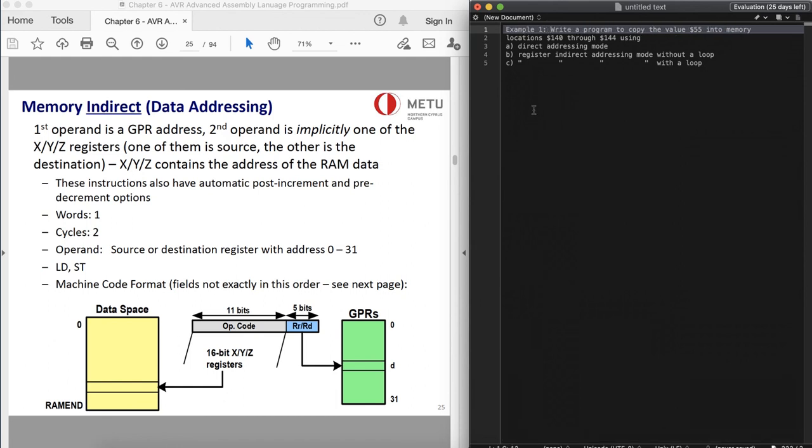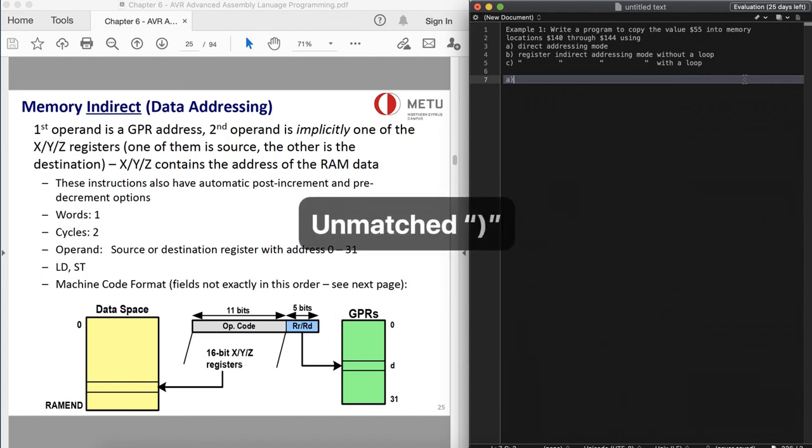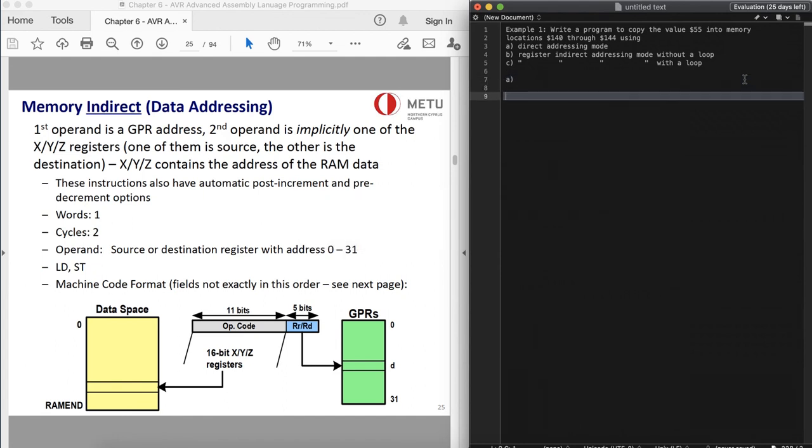Okay, so if we start with A, it says use direct addressing mode and copy the value of hex 55 into memory locations 140 through 144. What do we need to do? First, as we are going to use direct addressing mode, we have two instructions, LDS and STS. If we want to copy or store something from a GPR into a memory location, we have to use the STS instruction.